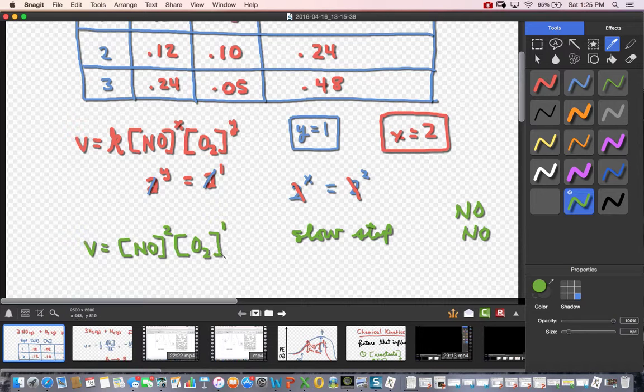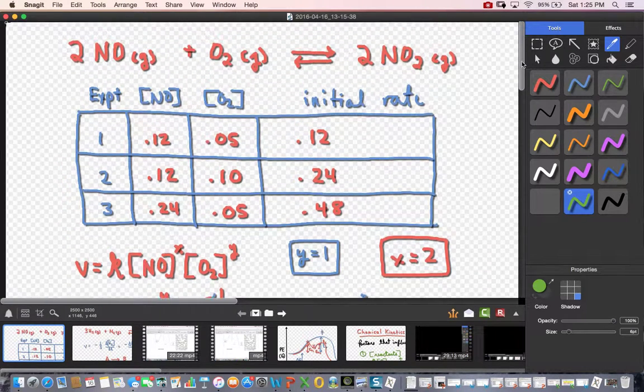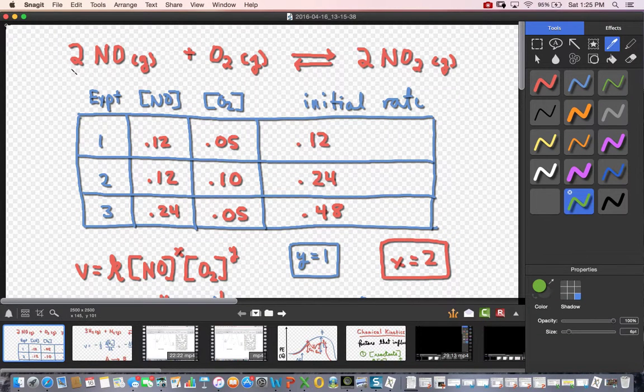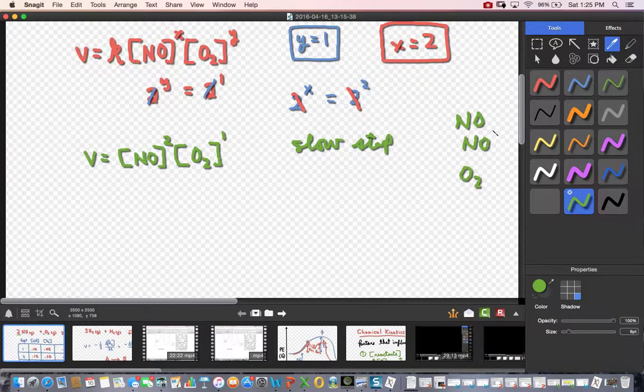And there is 1 O2. If we go back and look at the stoichiometry of the reaction, there are 2 NOs and only 1 O2. This is excellent evidence that this reaction occurs in one step.